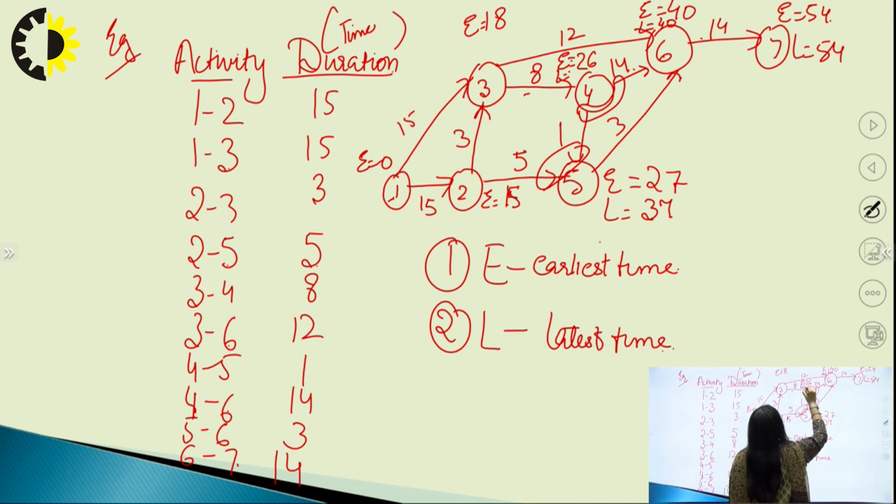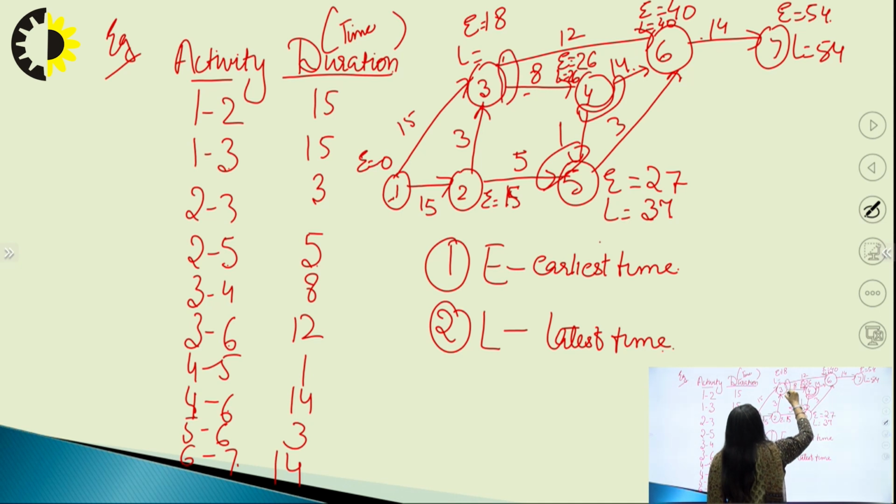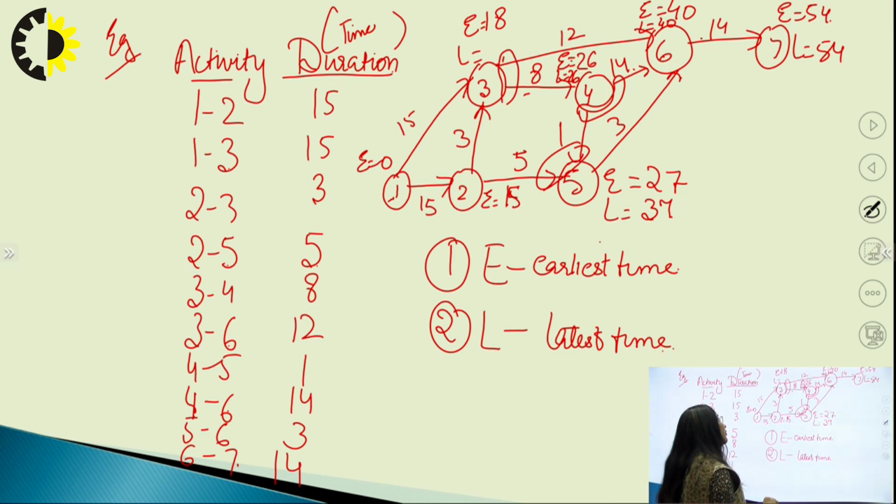So in the backward pass method we will take the minimum time. In the forward pass method we will take the maximum time. We have come so far to 4. Now for 3, similarly there are two diverging arrows over here. 26 minus 8 is 18, 40 minus 12 is 28. We have to take the minimum time.